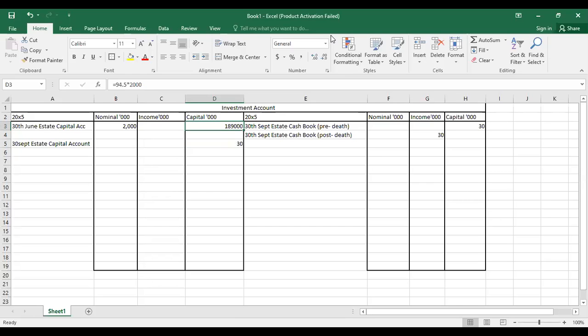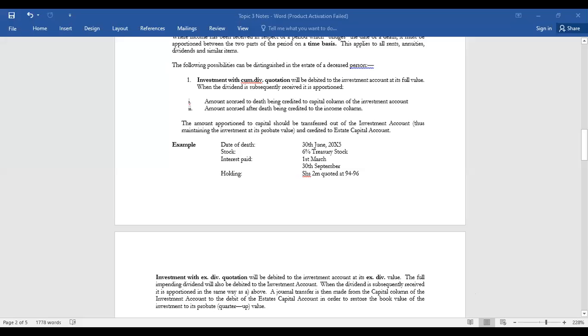So I can stop sharing and go back to the notes. So that is scenario one, when we had a cumulative dividend.